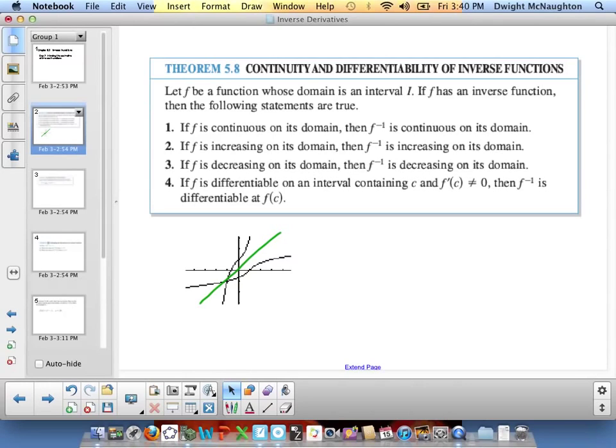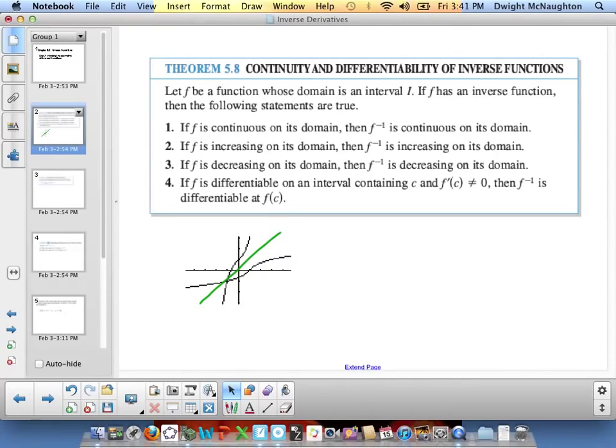A couple things you'll notice, that if the function is continuous, so is its inverse. All right? If the function is continuous, so is the inverse. If the function's increasing, because you're just switching the x values with the y values, the inverse will still be increasing. Same thing with decreasing.